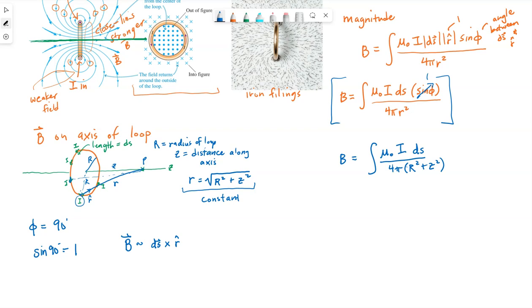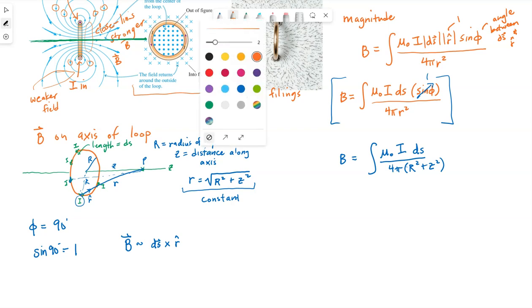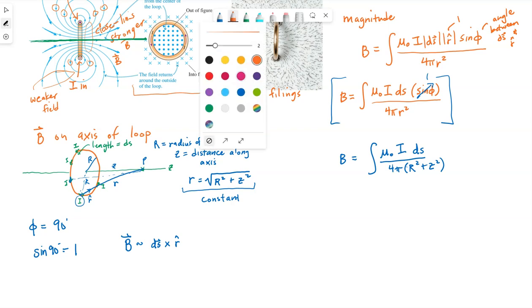The result is always perpendicular, so this magnetic field is going to be perpendicular to both ds and r hat. Now, if we use the right-hand rule and put our thumb in the direction of the current, I'm going to change my color.